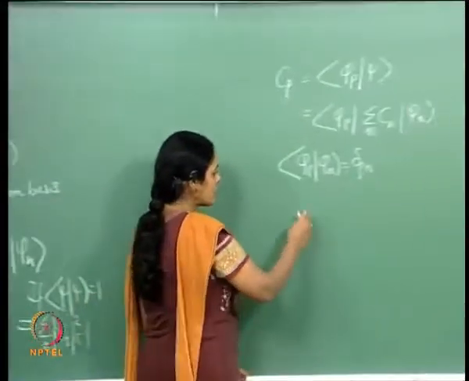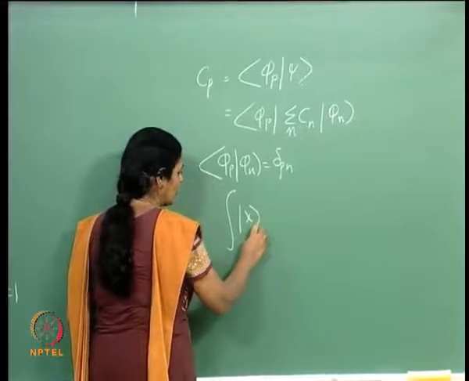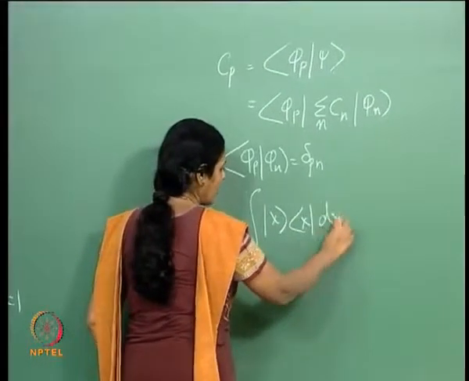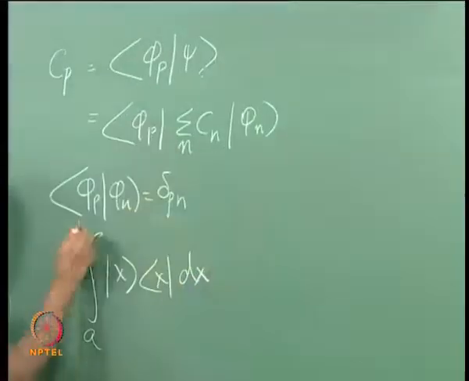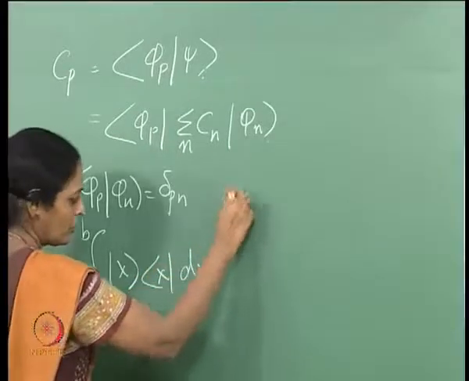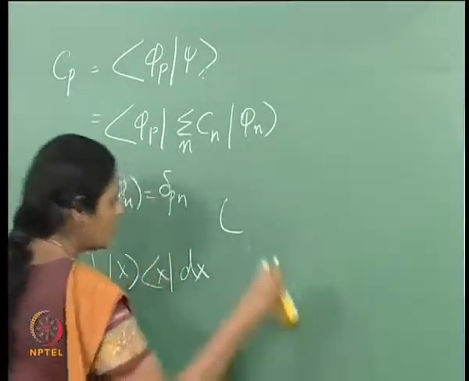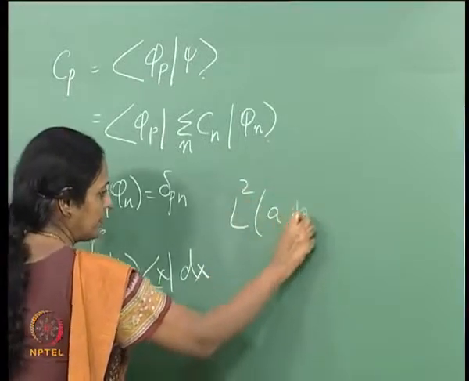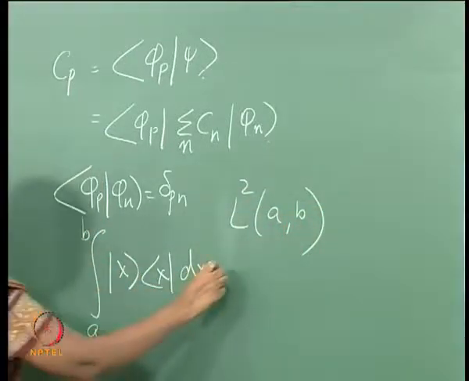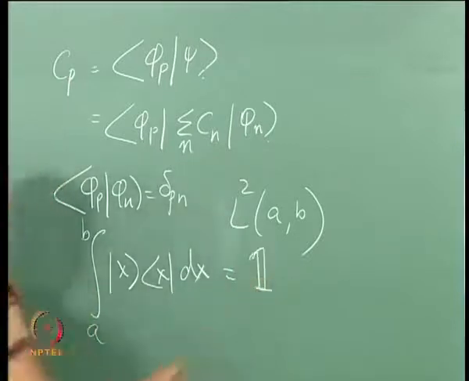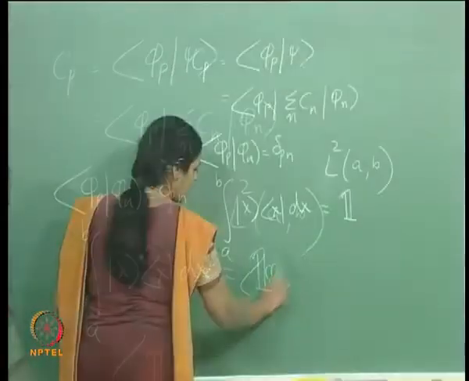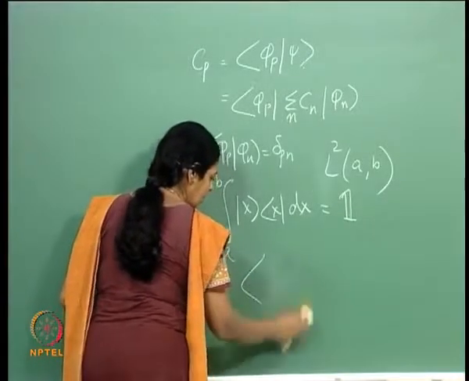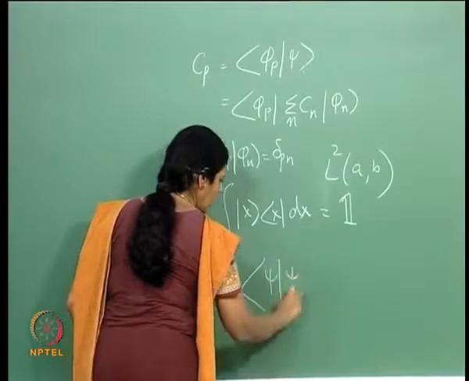And because the basis is a complete basis and a continuous basis, we have this over the range AB. Remember, we are talking of L2 in the range AB, and therefore this is the identity operator. I can always introduce it wherever I want. Suppose I have a state psi which is normalized to 1.